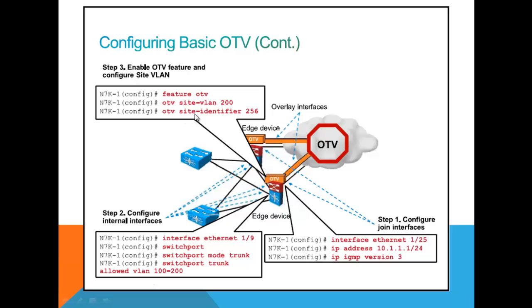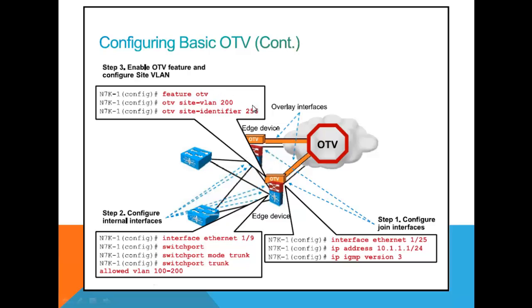And then OTV site identifier, give any number, and this number should be same on the other peer in the local site. In this site, if you have 2 devices or 3 or 4 devices on the edge, all the devices need to work together and only one authoritative edge device needs to be selected. For that, the other devices should know how many redundant devices are there in the local site.